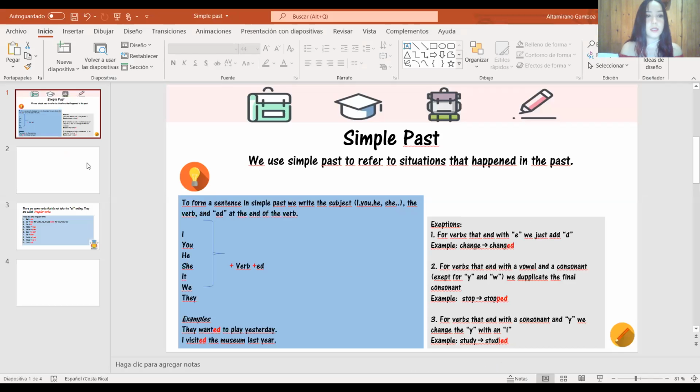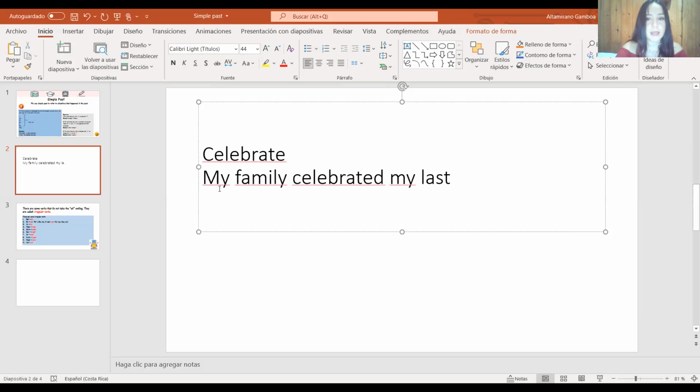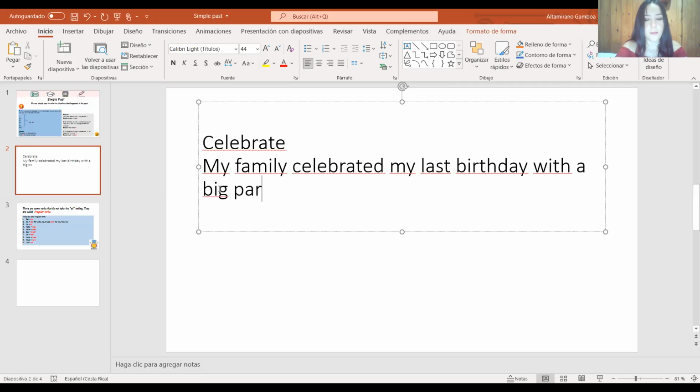Now I'm going to write here some examples. So let's do an example using this verb, celebrate. Let's create a sentence in the past with this verb. My family celebrated my last birthday with a big party.